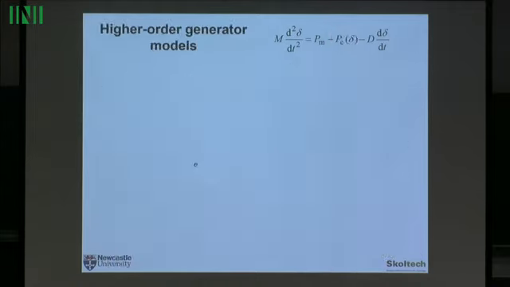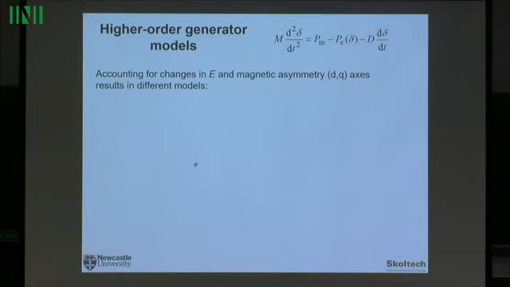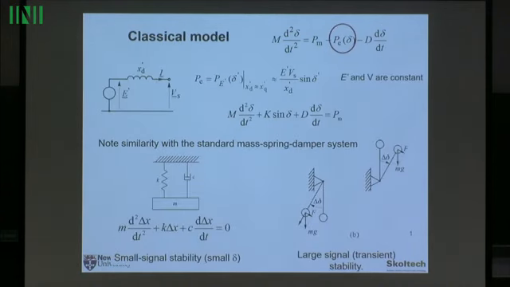I think I'm going too deep, so I'll just show you the different models. Once again, this is the higher order generator model. The swing equation is always the same, but we will have different models depending on the level of accuracy. The simplest model is the classical model. It means we assume over here that the voltage is constant. But that voltage, E', actually will not be constant because there are some changes in the generator.